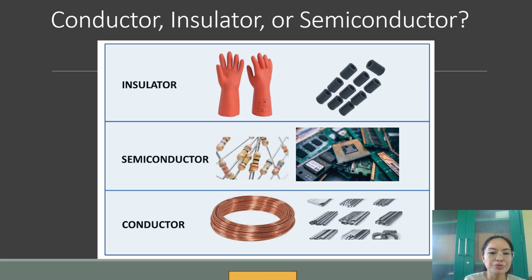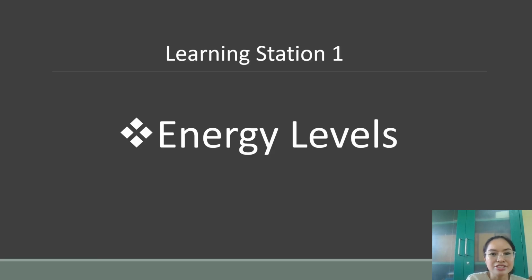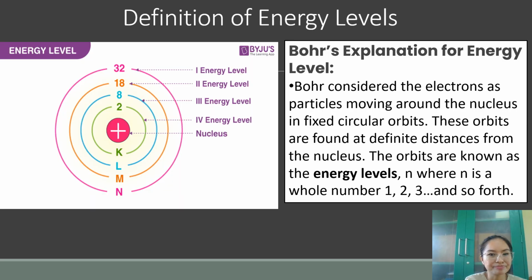For the last one, of course, are examples of conductors. But what makes this material an insulator, a semiconductor, and a conductor? We will find out in the next learning station, which is the energy levels.